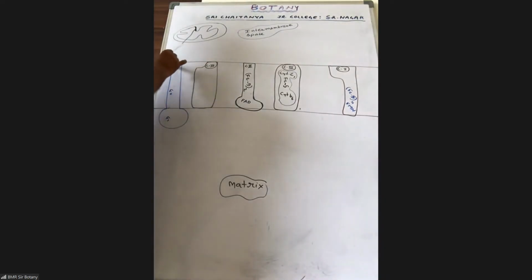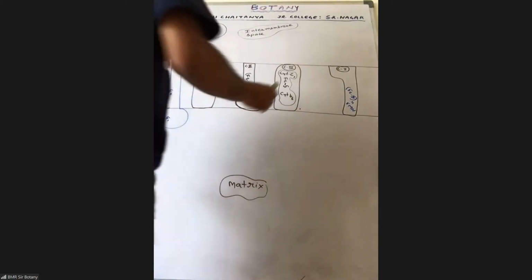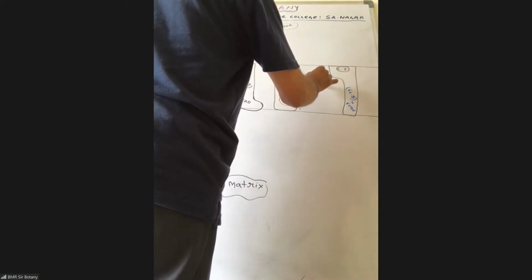It is complex 5, related to oxidative phosphorylation. In between, mobile carriers are there, ubiquinone between complex 1 and 3.